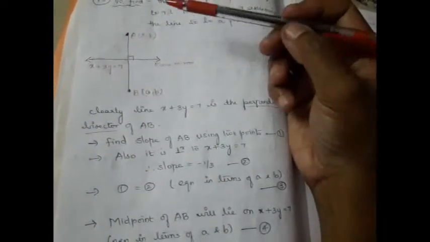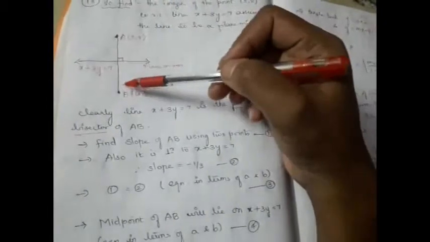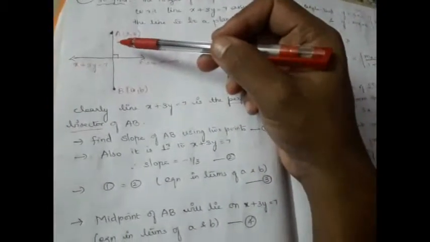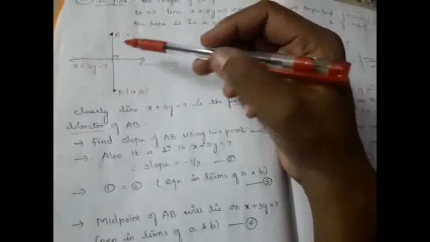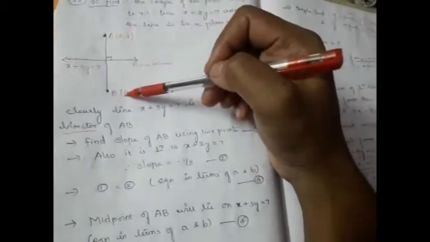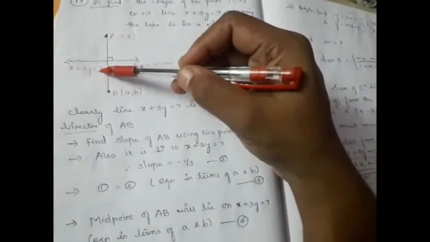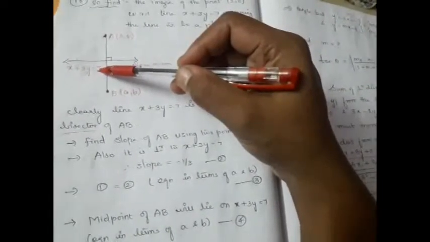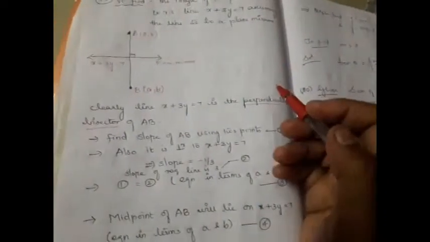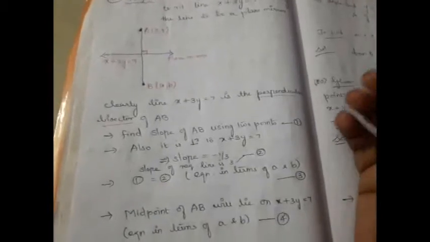Therefore, what will be the slope of this line? The negative reciprocal of this. Yes or no? So find the slope of this using 2 points and equate it to the slope which you obtain using this line. Out of this we will get our first equation in terms of a and b.